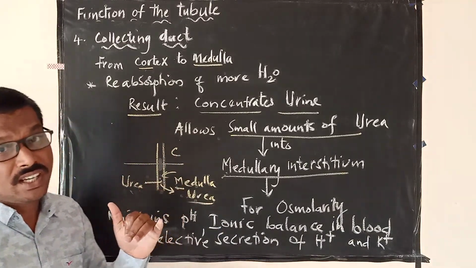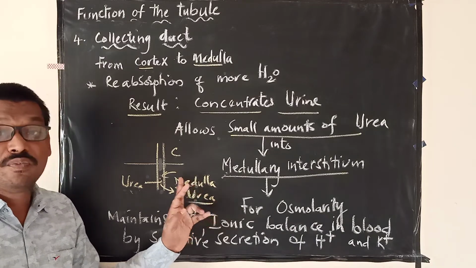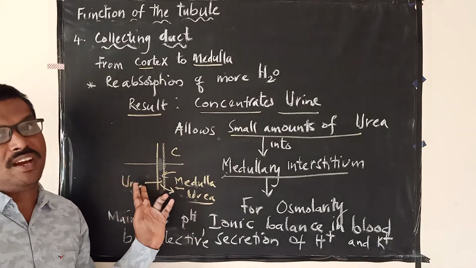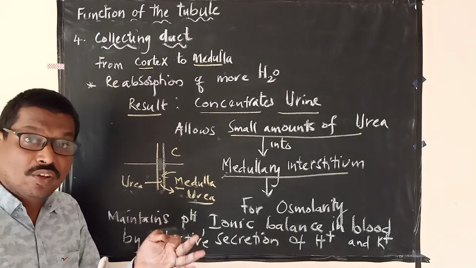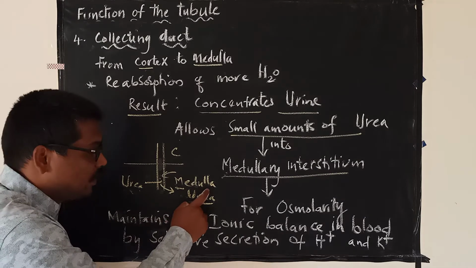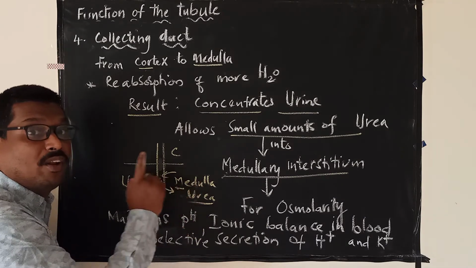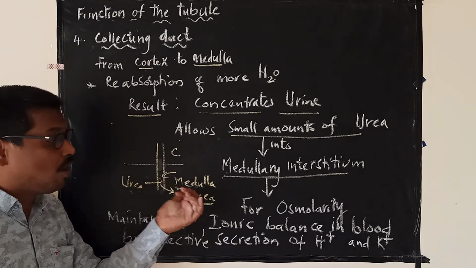Urea concentration is increasing and it may lead to reabsorption of water from the medulla to dilute the urea. That will not happen, because some of the urea will come out and be present in the medulla to balance the concentration of urea inside and outside.